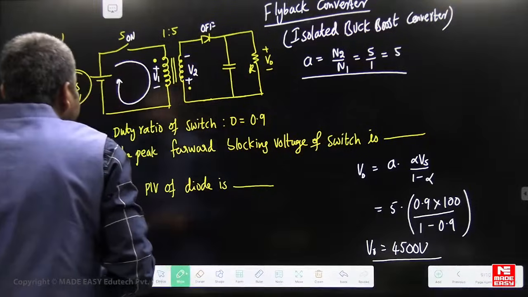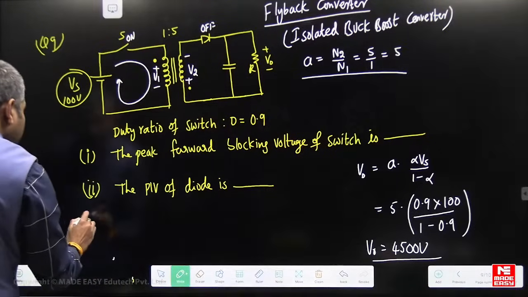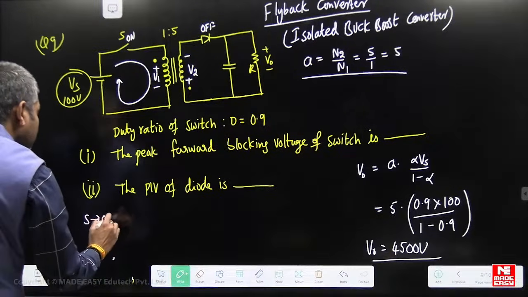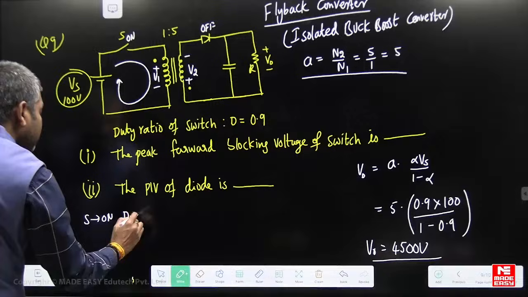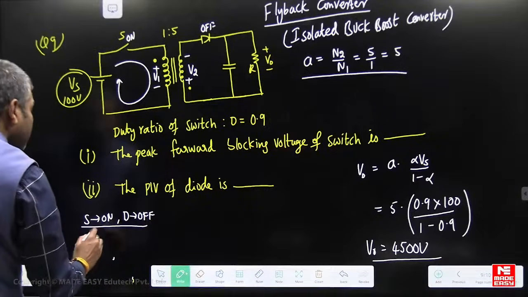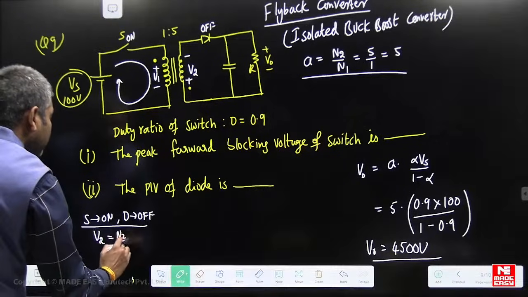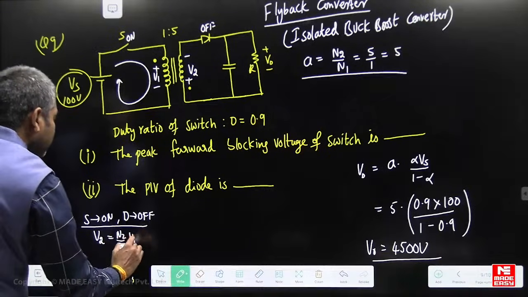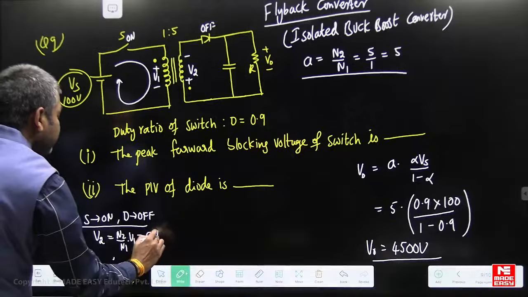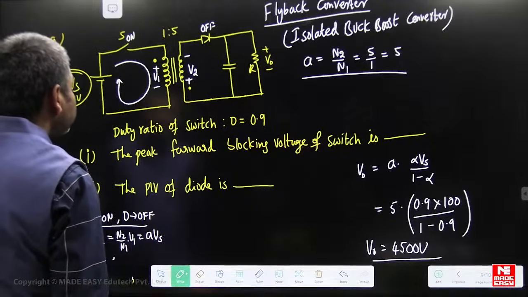When the switch is on, diode is off in the first mode. In this mode, V2 is equal to N2 by N1 into V1, that is a times Vs. That is V2.